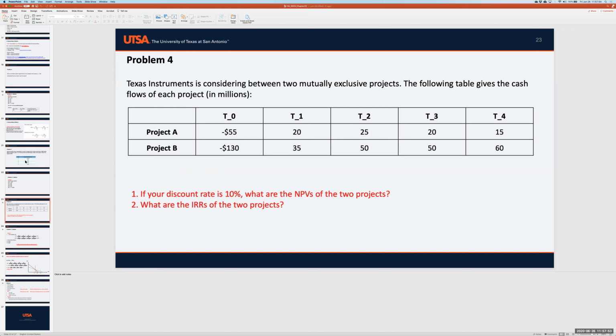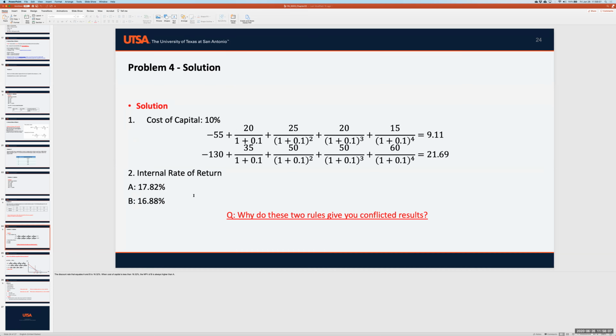Okay, we need to compare 2 projects based on their cash flows. If your discount rate is 10%, what are the NPVs of the 2 projects? What are the IRRs of the 2 projects? Let's calculate this. Based on 10% cost of capital, we find an NPV of 9.11 for project A, and 21.69 for the second project.